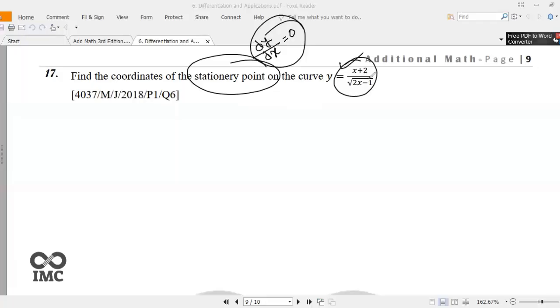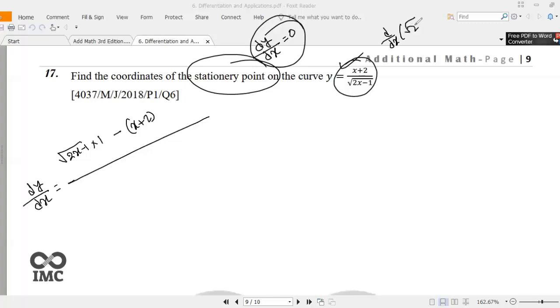If y equal to (x plus 2) by root over (2x minus 1), then dy/dx will be, here the denominator is root over (2x minus 1), so it will be at first root over (2x minus 1) into d/dx of the numerator, that is 1, minus the numerator, and d/dx of the denominator. d/dx of root over (2x minus 1): d/dx of root x is 1 by 2 root over x.